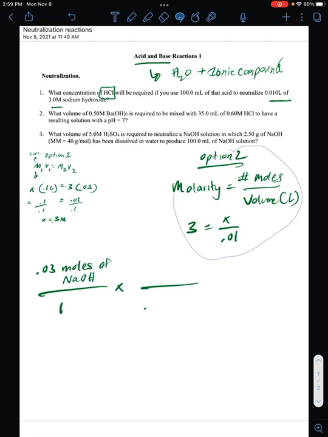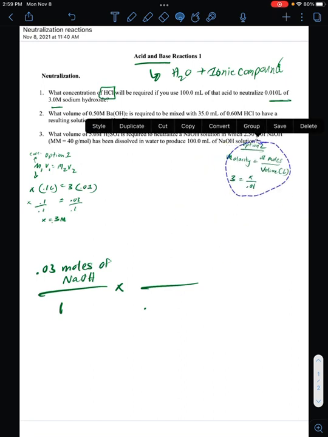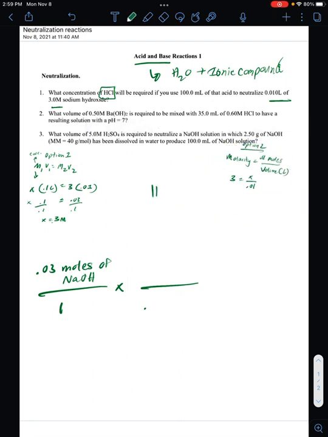So let me make this smaller and then write out this equation. Make sure it's balanced. Okay. So the coefficients would just be 1. So you have 0.03 moles of NaOH, and here we're going to put mole ratios go down here. And it's a 1-to-1 ratio.